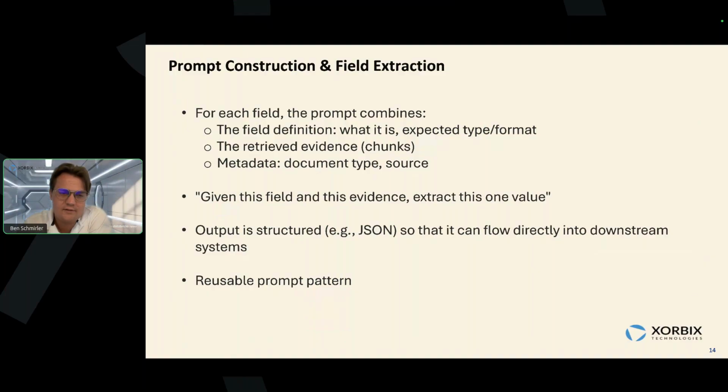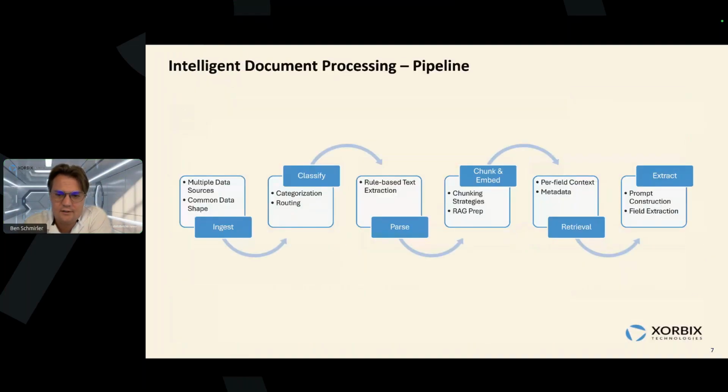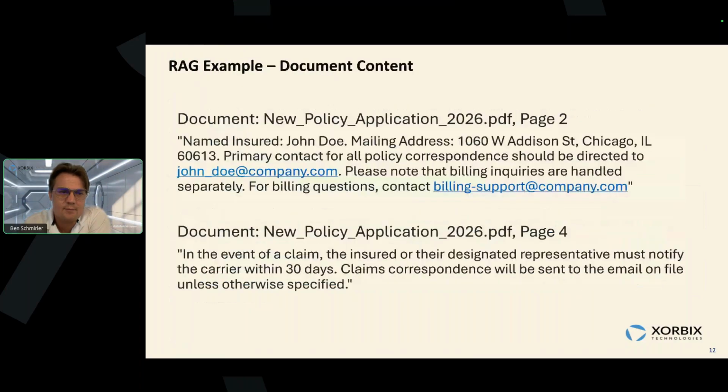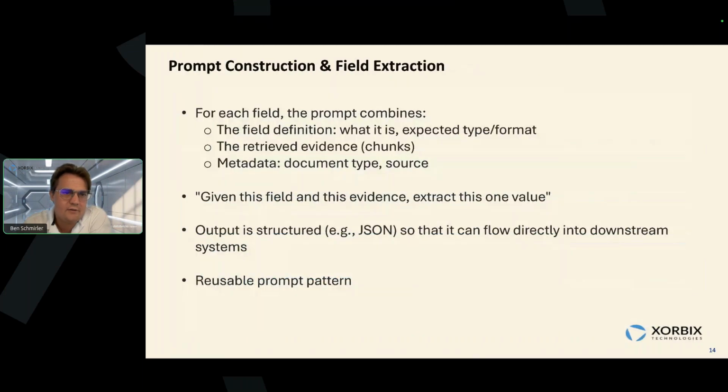So prompt construction and field extraction. Let's go back here. This is the last step, step 6. For each field, the prompt combines the field definition, so what it is, expected type and format, the retrieved evidence, which is the chunks, and then any associated metadata, for instance, the source.